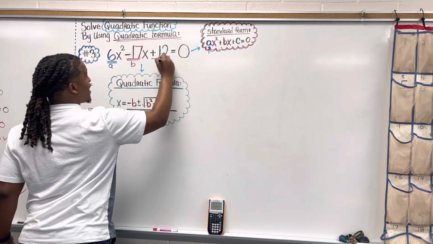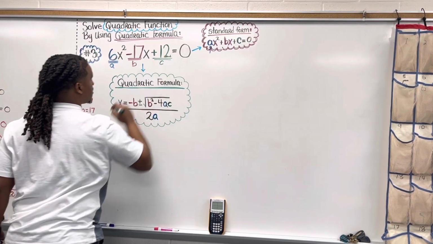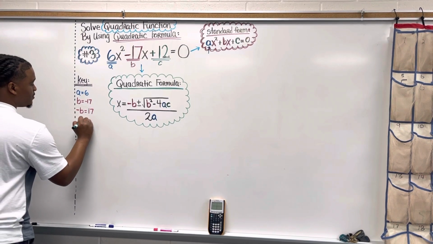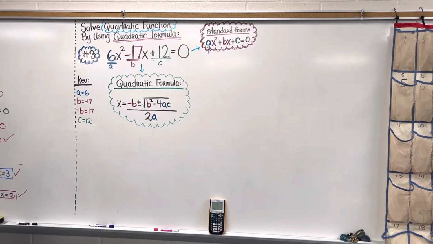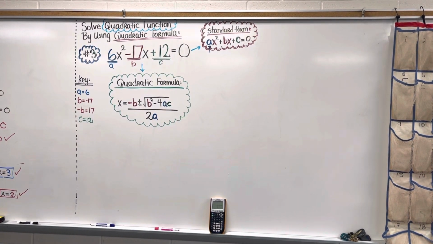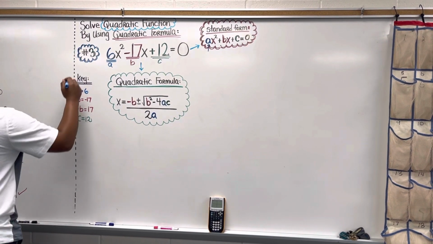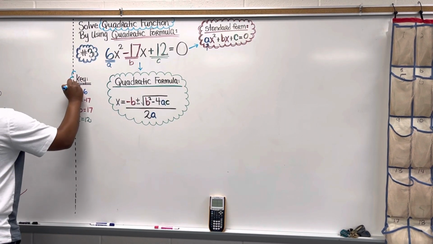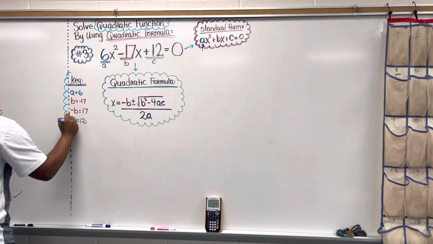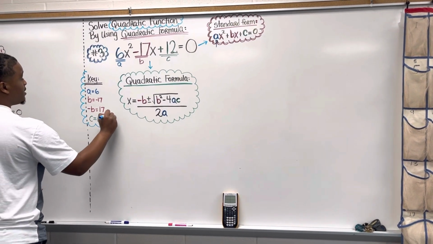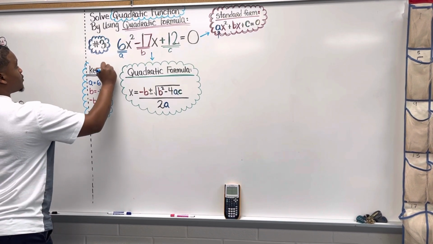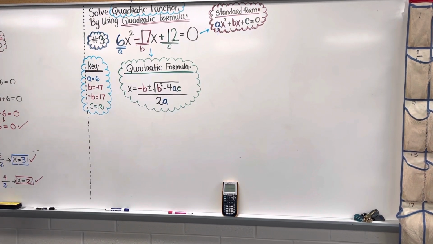Plus 12 means a positive 12. So c is going to equal 12. That easy. We already have created our key, and we already know what values we're going to plug into the quadratic formula in order to find those 2 possible values x could be to make the whole quadratic function equal 0, okay?